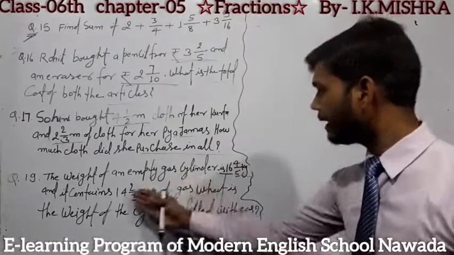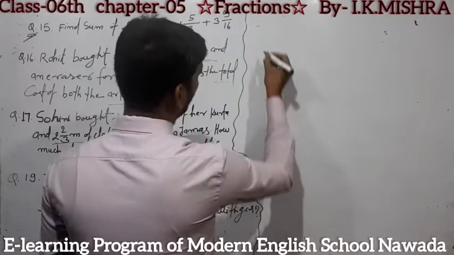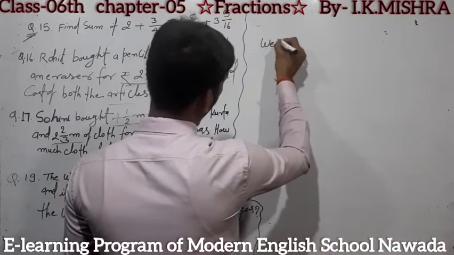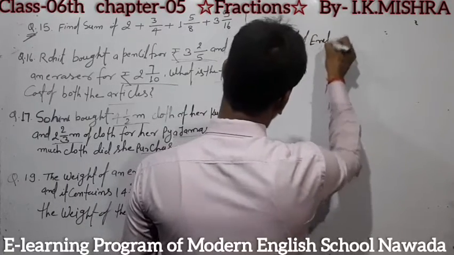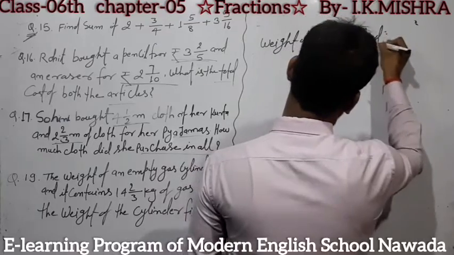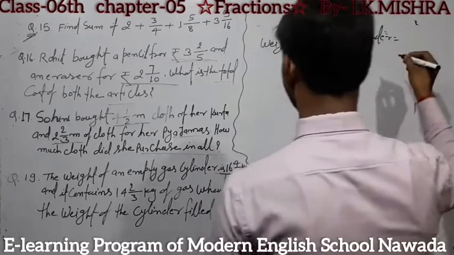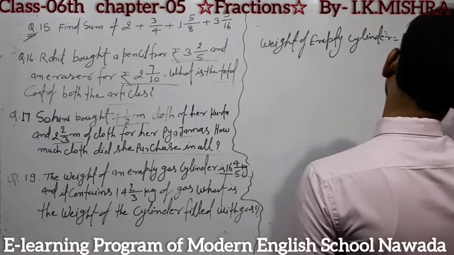You have to add this total weight, and first of all write weight of empty cylinder is equal to 16 whole 4 by 5 kg.